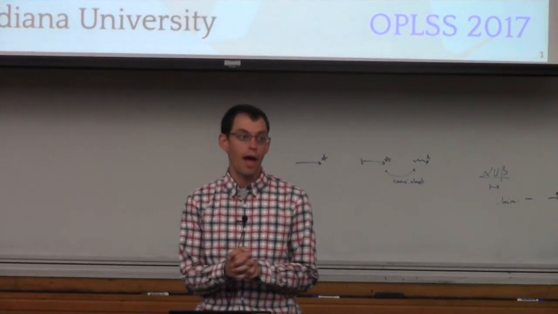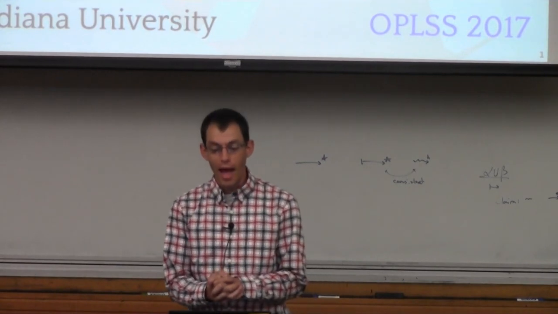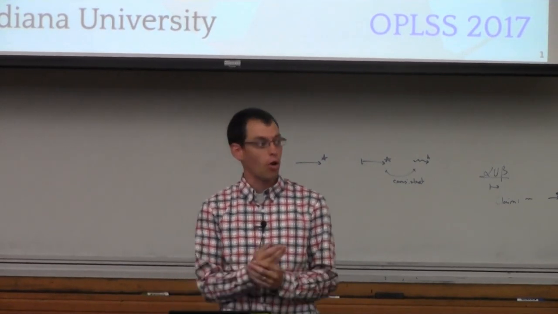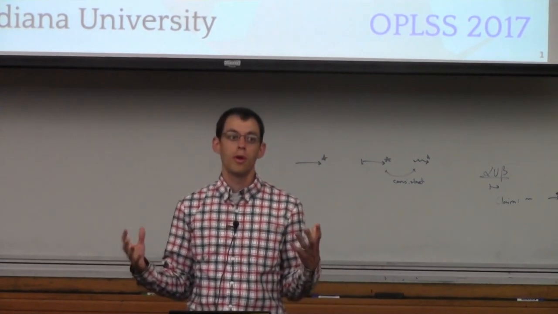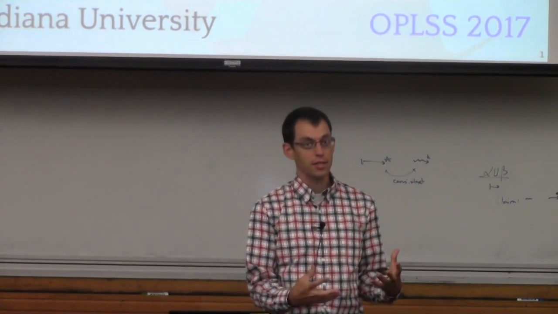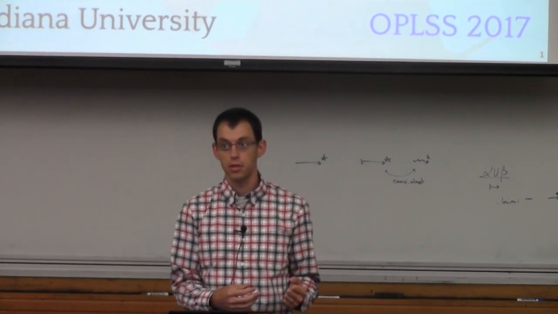So my name's Sam Tobin-Hochstadt. I'm at Indiana University when I'm not coming to visit you all. And I'm going to be talking over the next few days about two big and interrelated topics: contracts and gradual types.